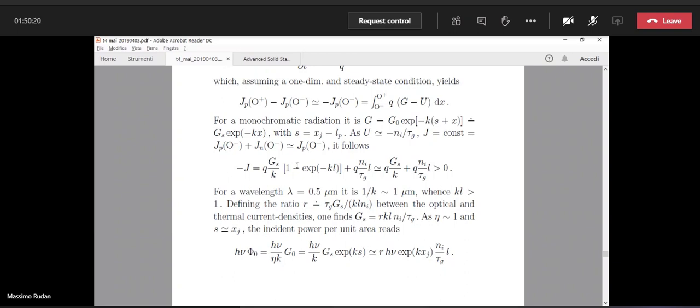Now, we can make an estimate. If we take a monochromatic radiation that is in the center of the visible spectrum, that is, the color green, green corresponds to a wavelength of half a micron.